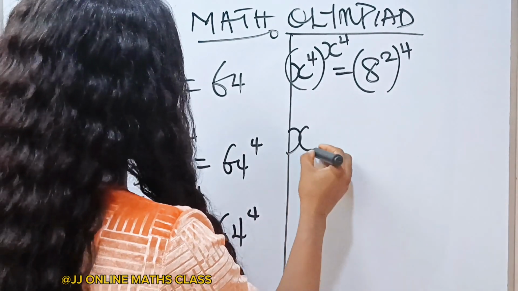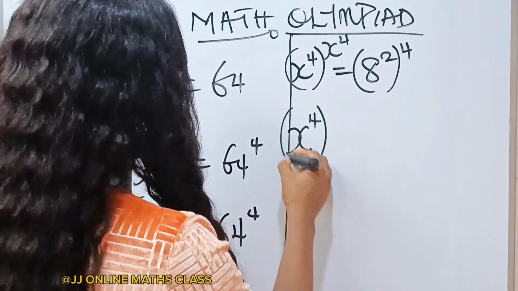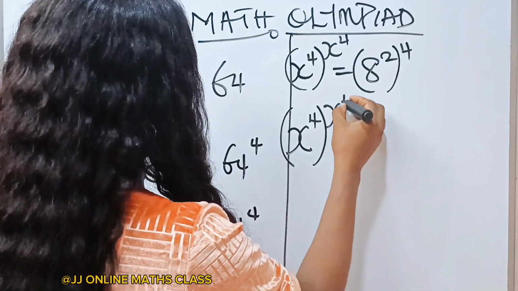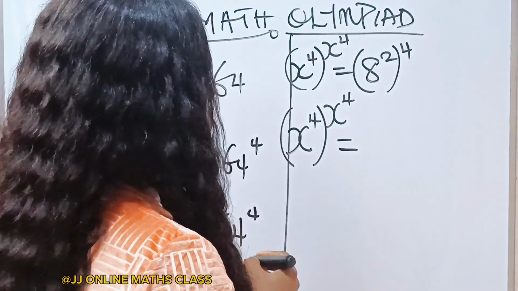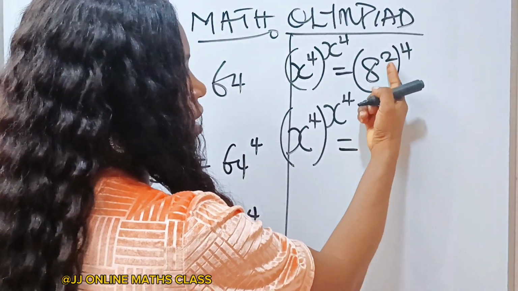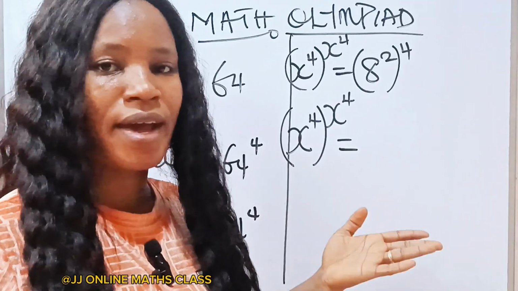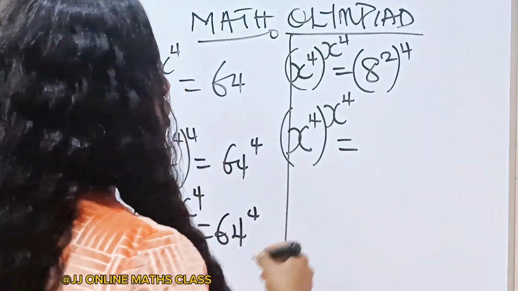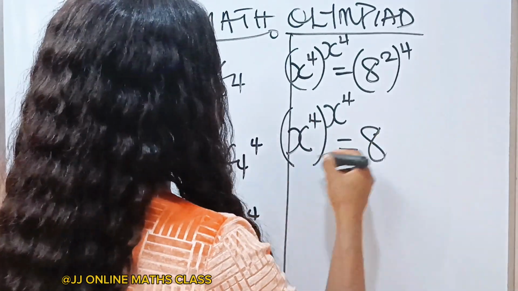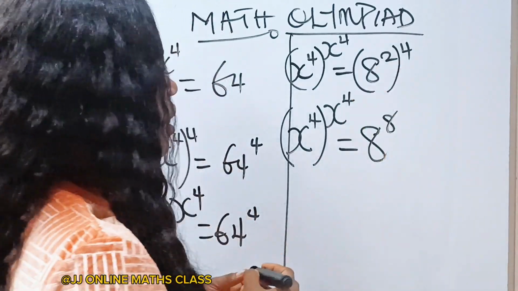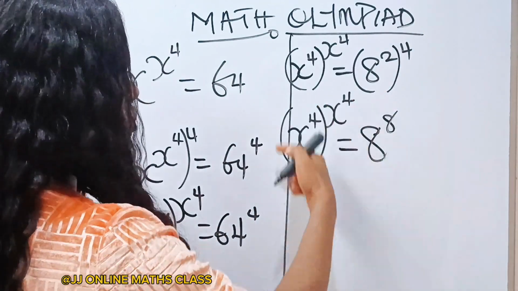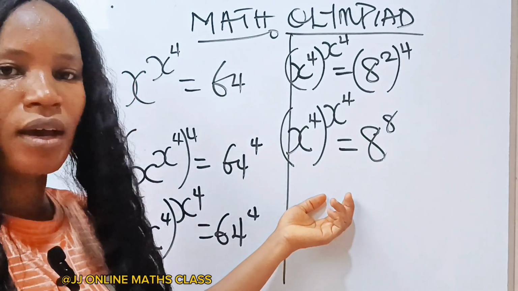So this is x to the power of 4 raised to the power of x to the power of 4 is equal to this, and the powers will multiply according to what I explained initially. So it's going to be 8 to the power of 2 times 4, which is 8.